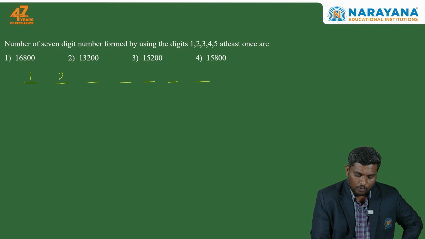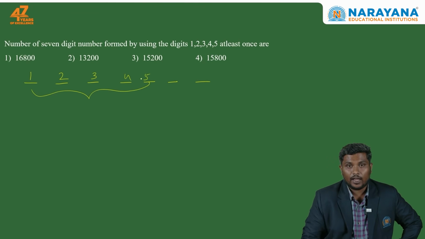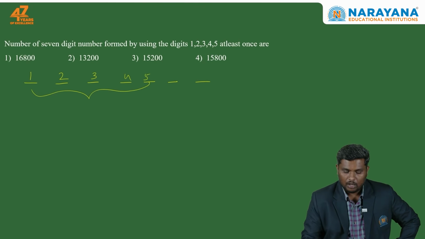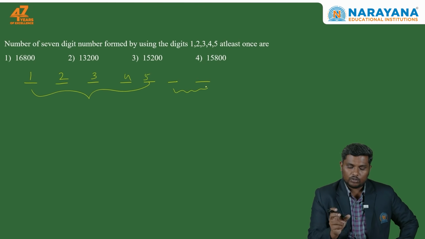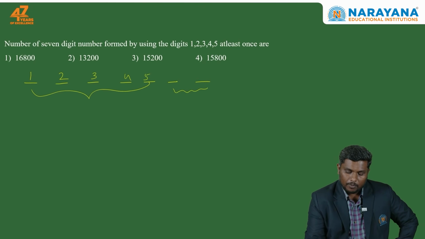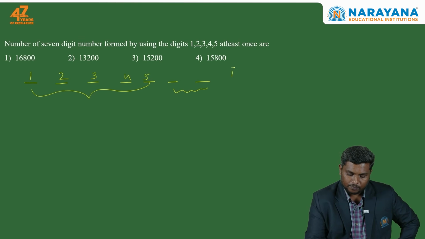Guys, anyway, 1, 2, 3, 4, 5 has to be present in every 7-digit number. Now what about these two positions? These two selections. Now I can make them of two patterns where both of them are equal and both of them are distinct. Suppose case 1, when both are same.